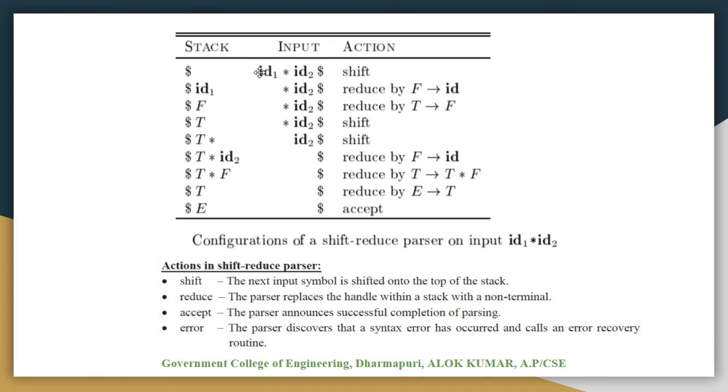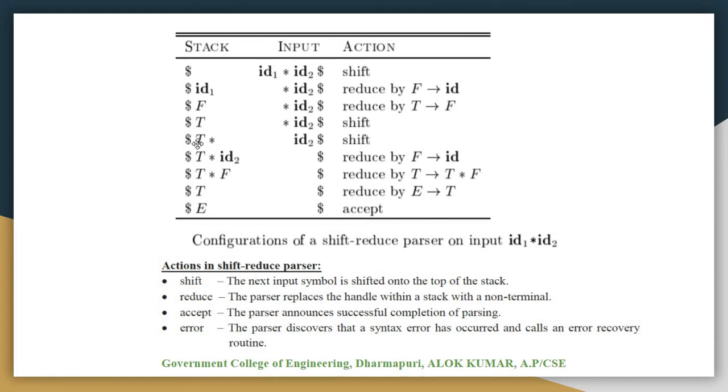Like this, you can see id we are going to shift here, so here we write shift. After that, this id we replace with F. This one we say reduce. So this id we have replaced with F. Now we have a production rule T generating F, so this F we replace with T. Now we shift this asterisk.